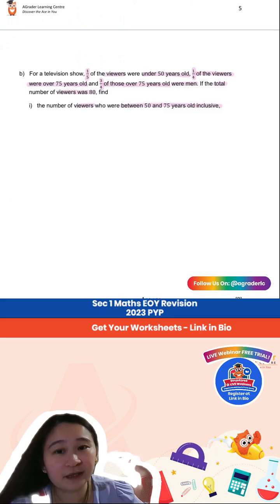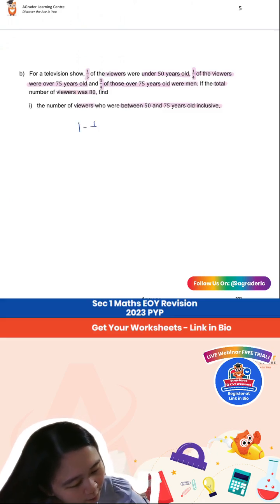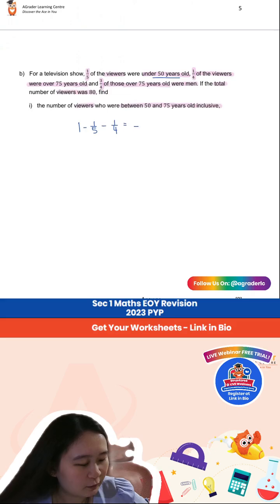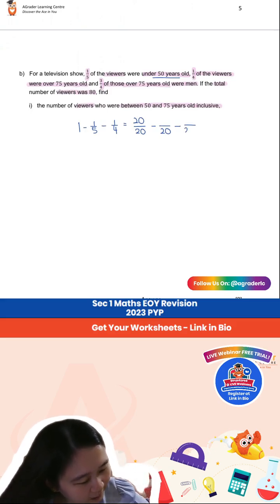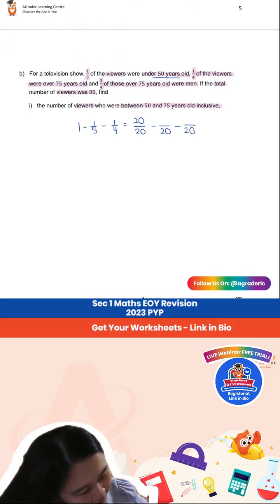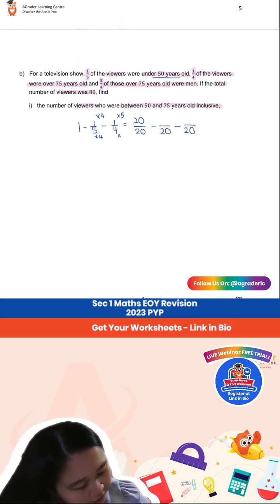So firstly, you can find the fraction. So 1 whole minus 1/5 that is under 50 and minus 1/4 that is over 75. I make them to have the common denominator first so that I can subtract. So times 4, times 4, times 5, times 5.